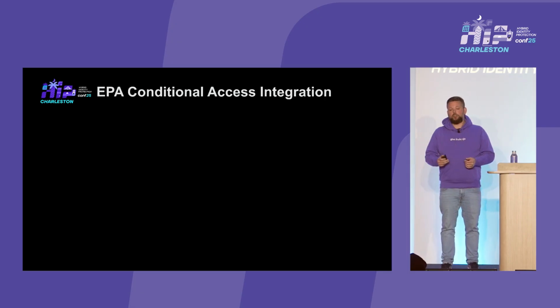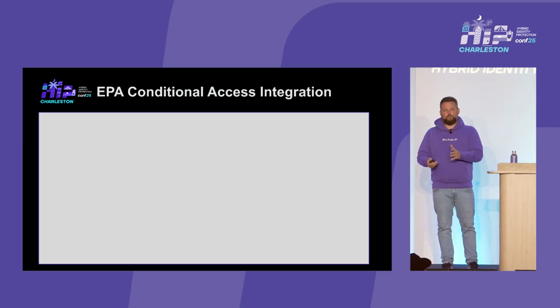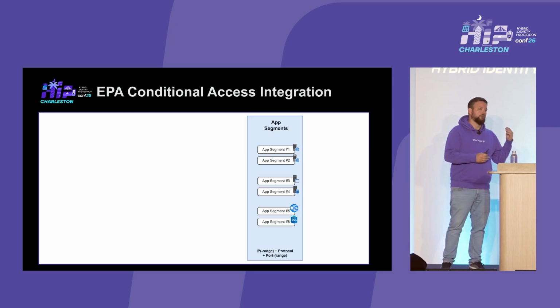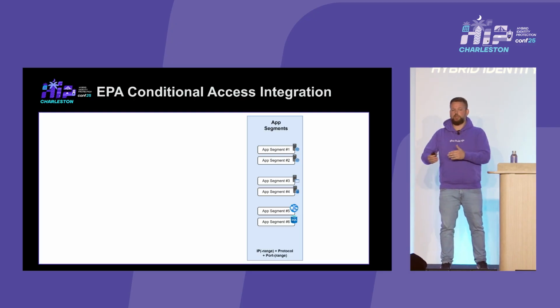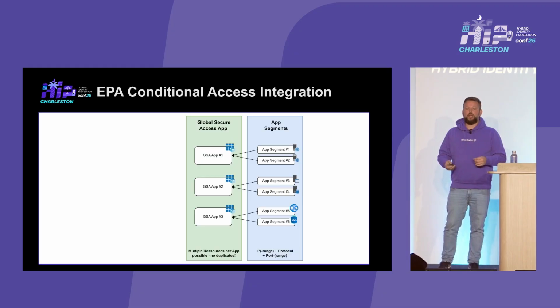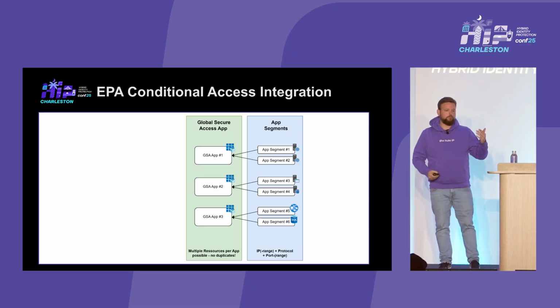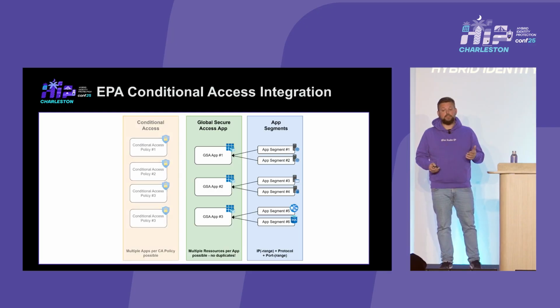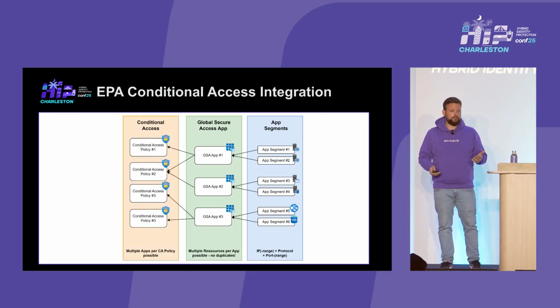So I showed you from the admin perspective, app segments are defined. An app segment is a combination of an FQDN or IP address plus a protocol plus a port, and they are connected to apps. I can have multiple of these apps, and these apps can be in the scope of conditional access policies.